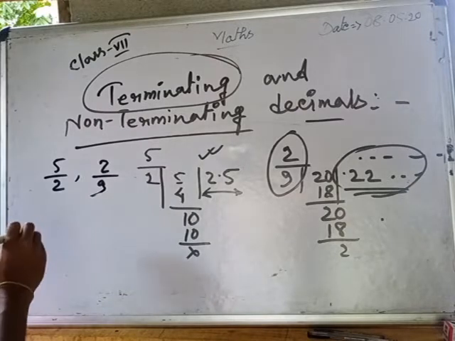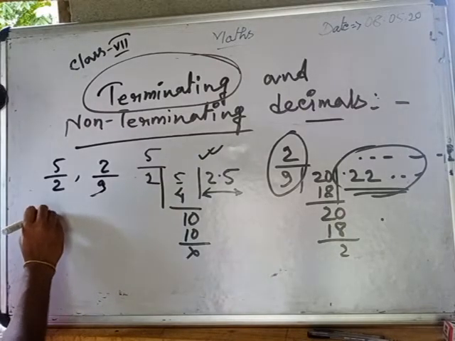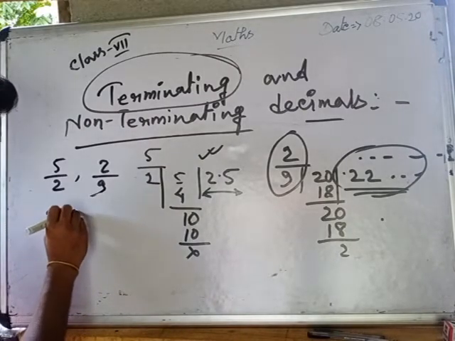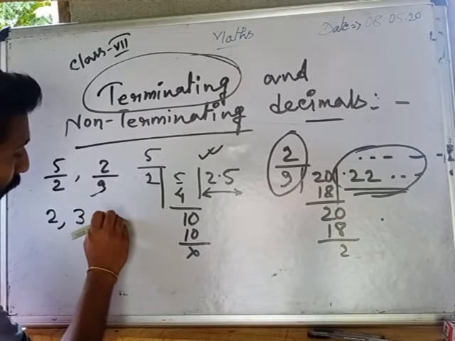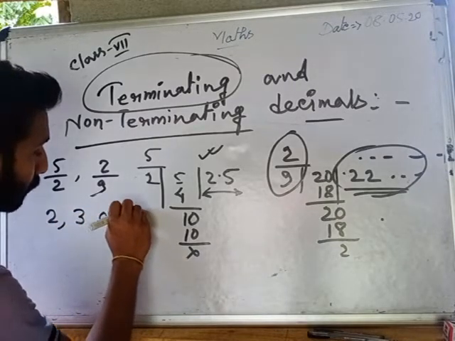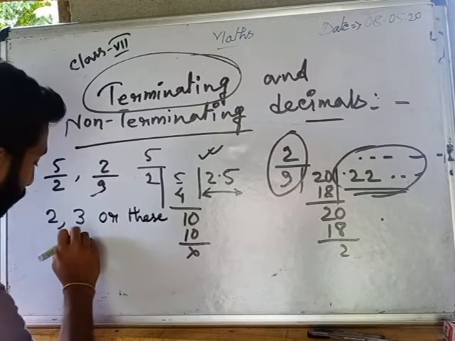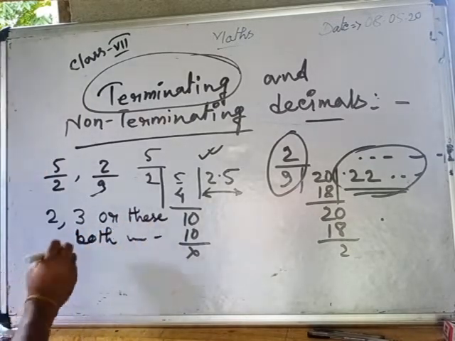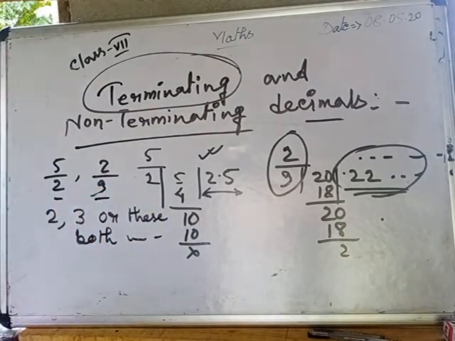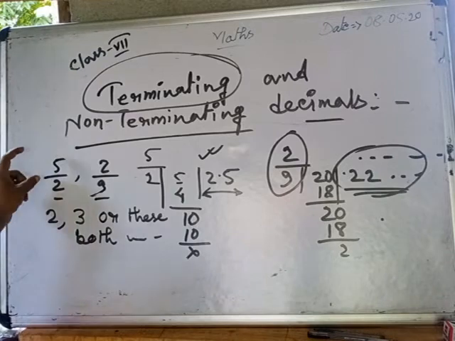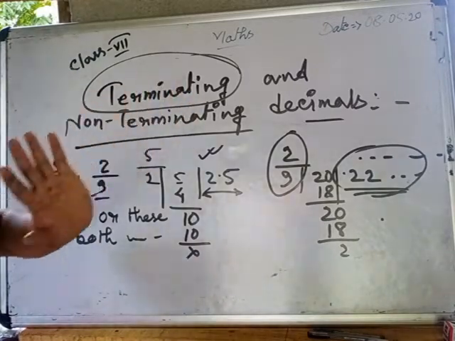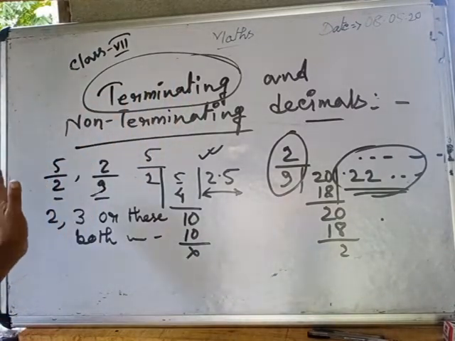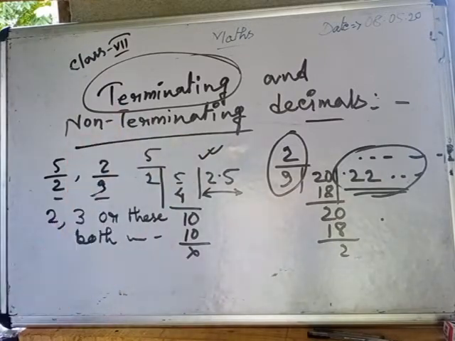If there is either 2 or 5 in the denominator, or both numbers, that fraction is a terminating fraction. Otherwise it is called a non-terminating fraction.